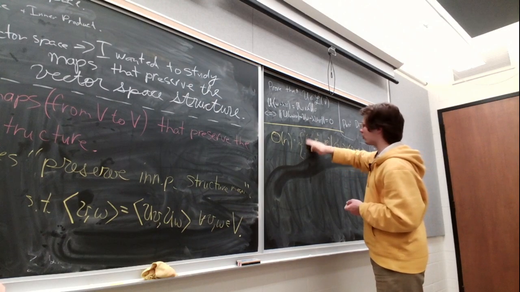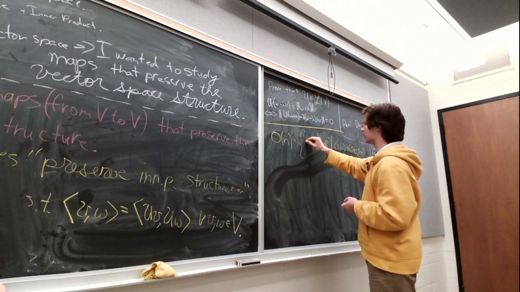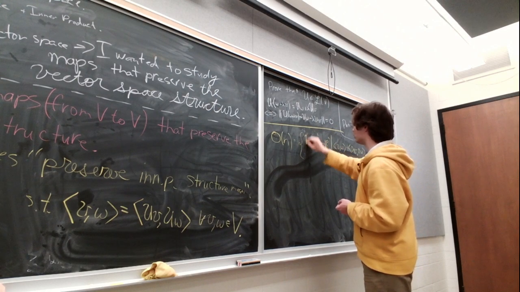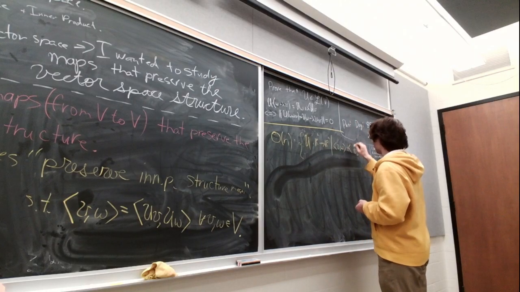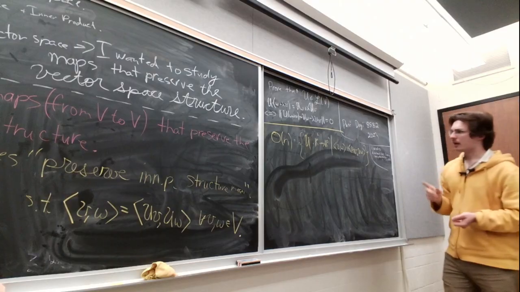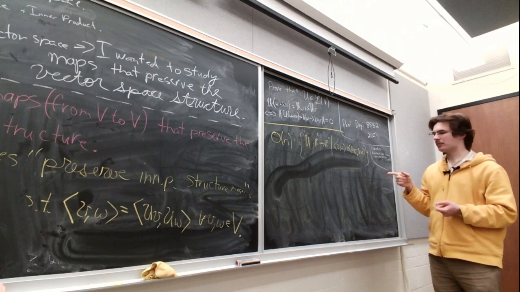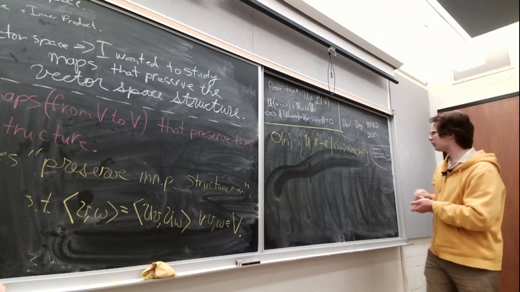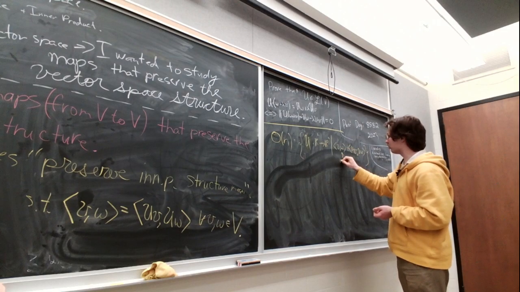Whatever. O_n is all the maps on R^n, where this is the usual dot product.